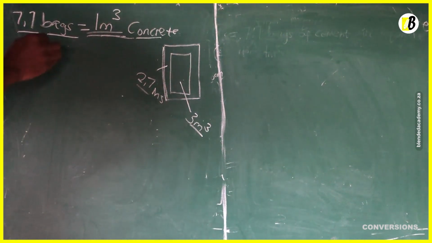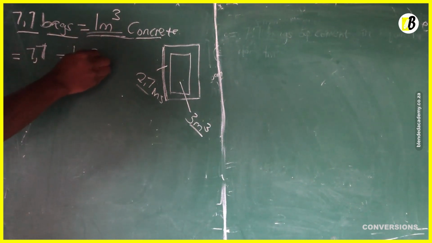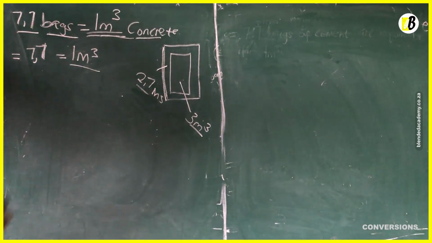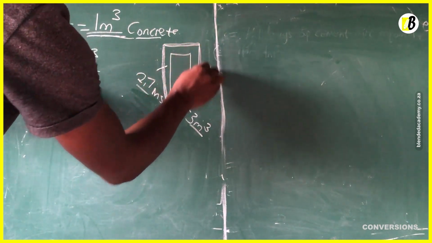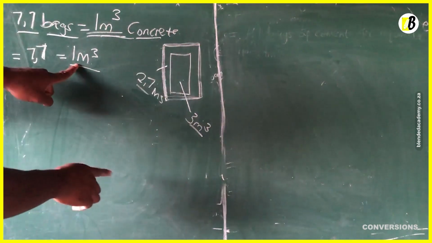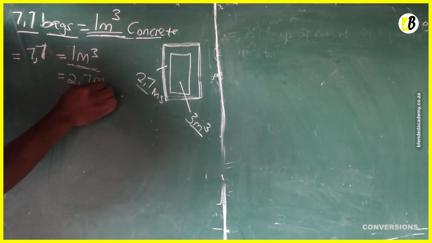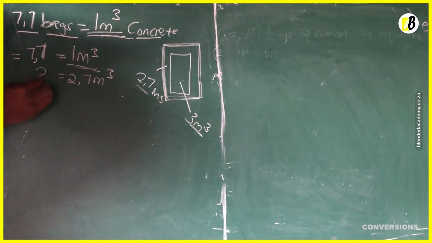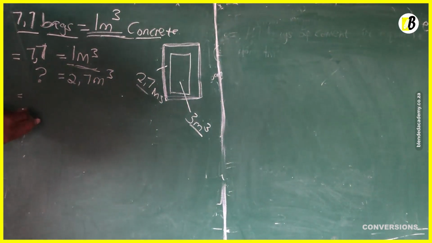7.7 bags is equivalent to 1 meter cubic of concrete. Now, remember, let's take a look at this concrete here on the outer side. The concrete there is 2.7 meters cubic. So let's see how many bags of cement we're going to require. We're going to use that approach again, cross multiplication.